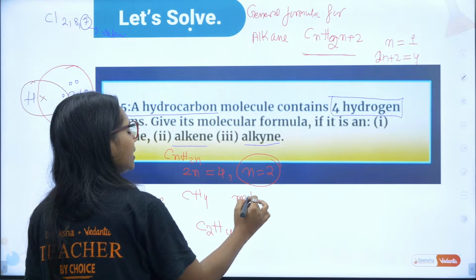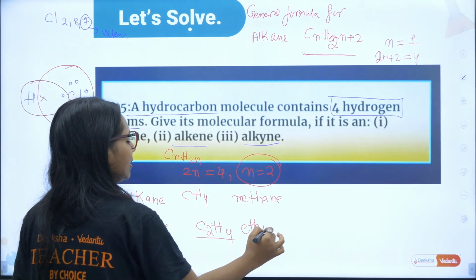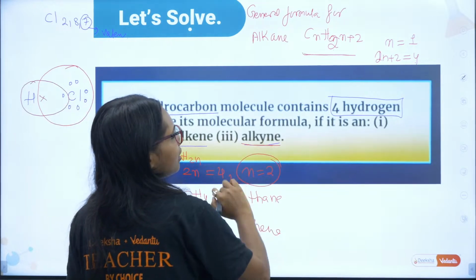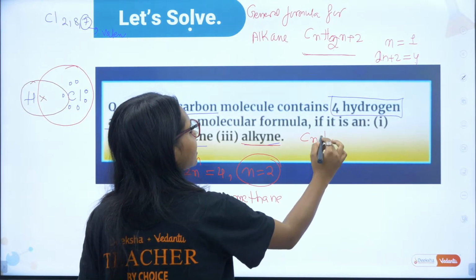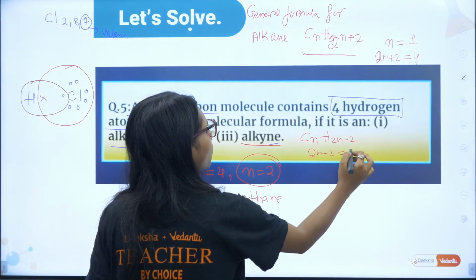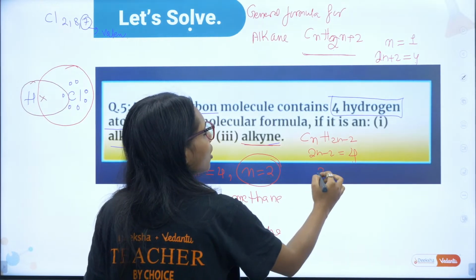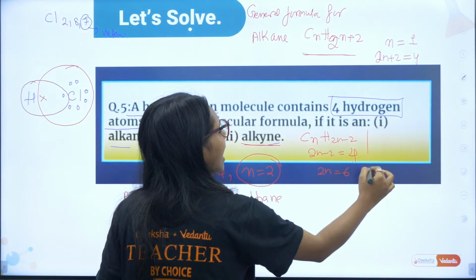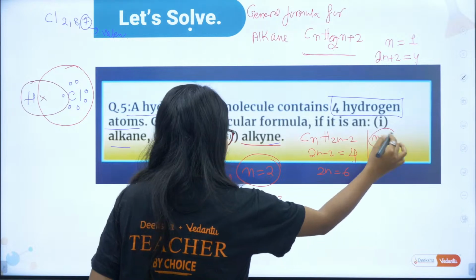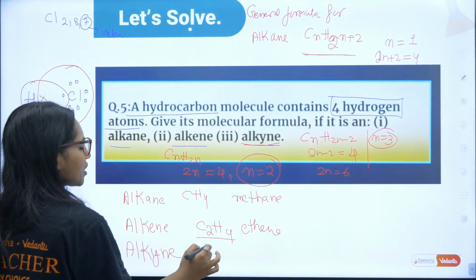What is the name for this? Ethene. And alkyne: the general formula is CnH2n-2. 2n-2 is equal to 4. Correct? 2n is equal to 6. The n value will come out as 3. In case of alkyne, there are 3 carbon.